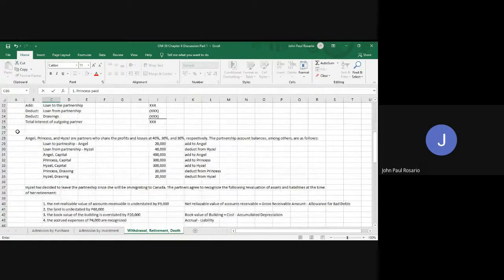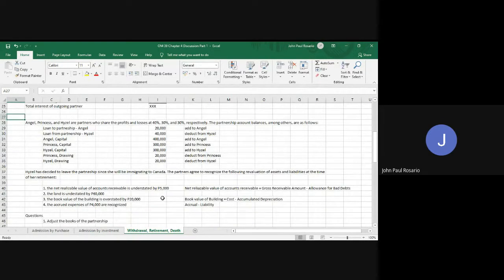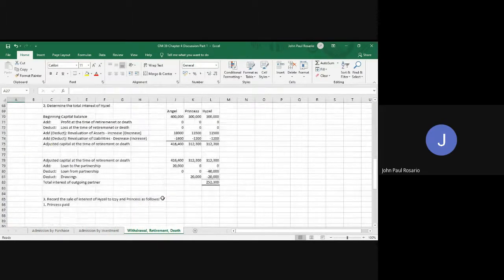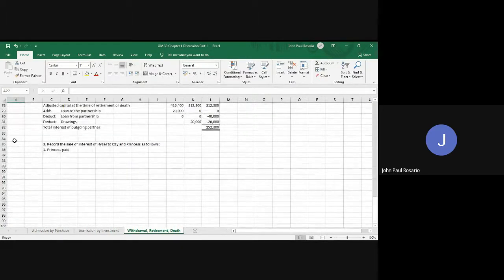Okay, so let's see. The first one is the sale of interest to an outsider. So record the sale of the interest. This is case 1.